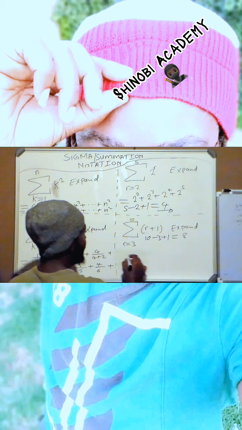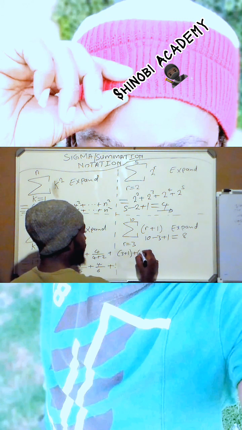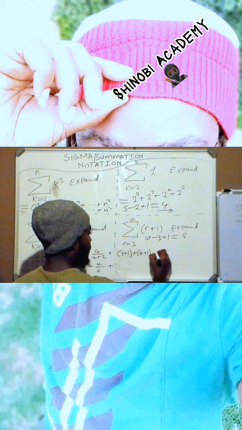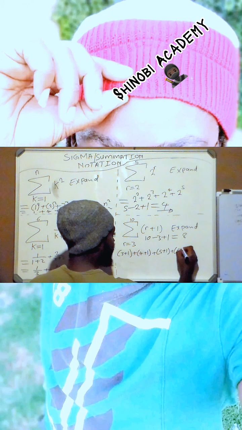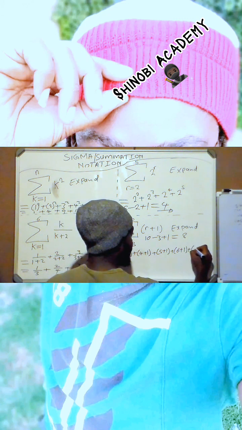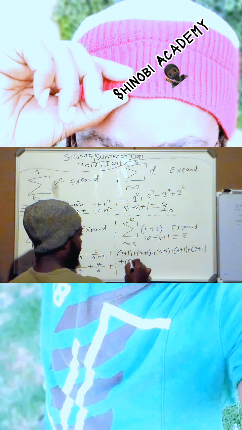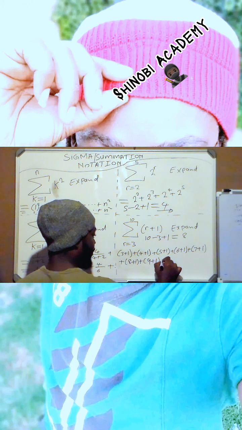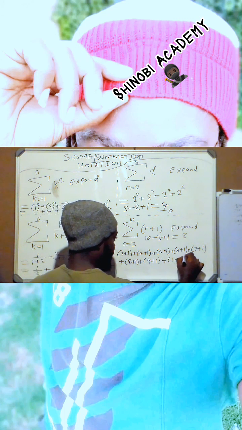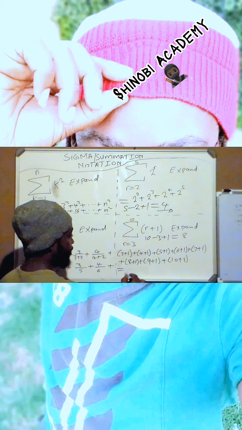So this would be, we have r plus 1, so this would be 3 plus 1 plus 4 plus 1 plus 5 plus 1 plus 6 plus 1 plus 7 plus 1. Continue here, plus 8 plus 1 plus 9 plus 1, all the way to what? 10 plus 1. So we have expanded by doing this. You can simplify this for yourself.